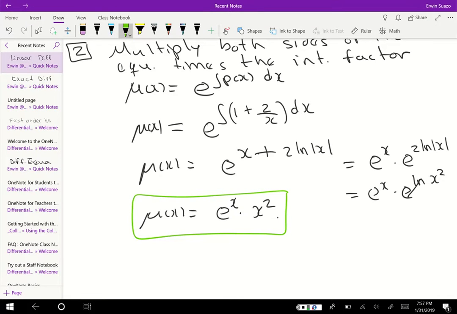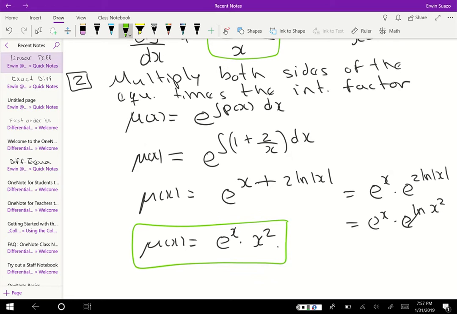So what I have to do is multiply both sides of the equation times the integrating factor.